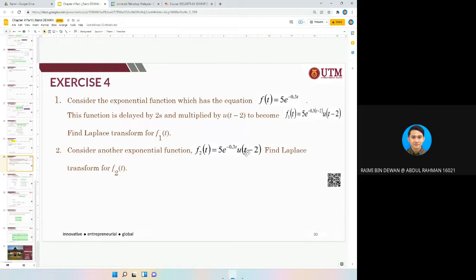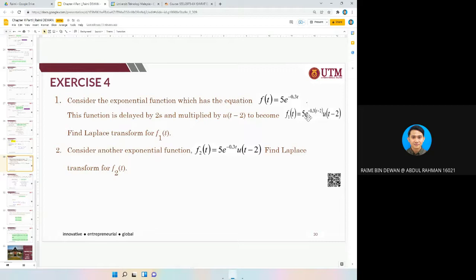You see here there is a time shift. When you have a delay of 2 seconds, you have t minus 2. You can see e also here will be delayed by t minus 2, because it needs to follow the unit step, which originally starts from 0.